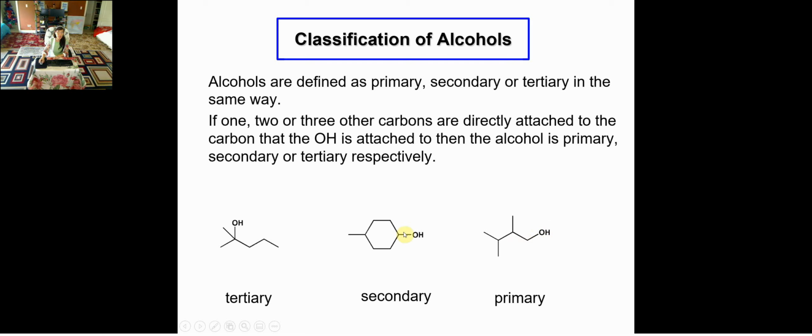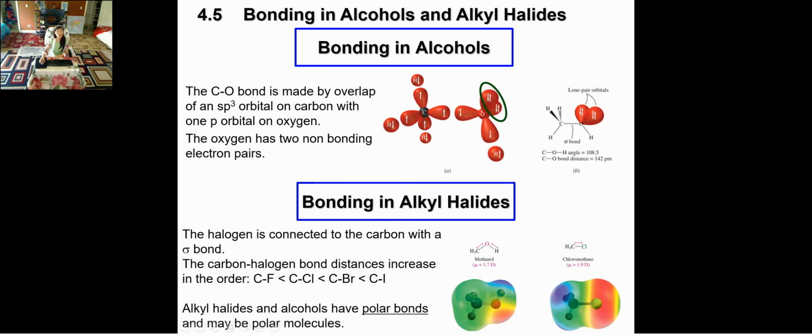Secondary: the carbon connected to the alcohol is connected to another 2 carbons. And for tertiary, the carbon connected to the alcohol OH is connected to 3 other carbons, you call it tertiary alcohol. So the classification for alkyl halides and alcohols is essentially similar.